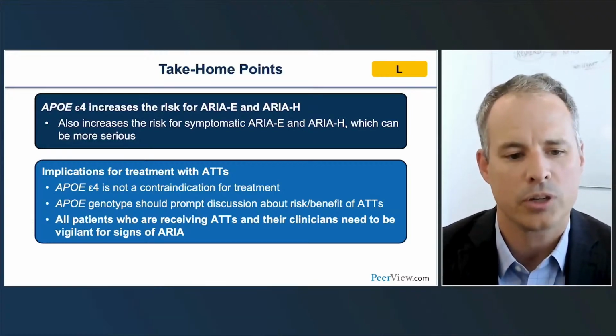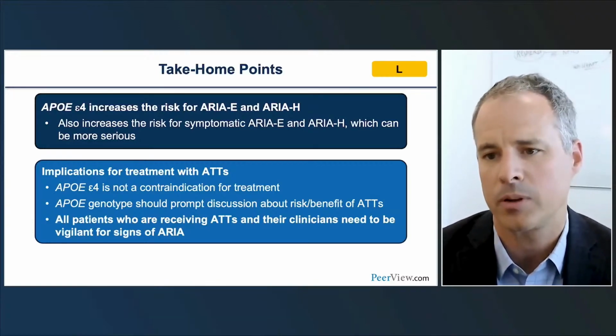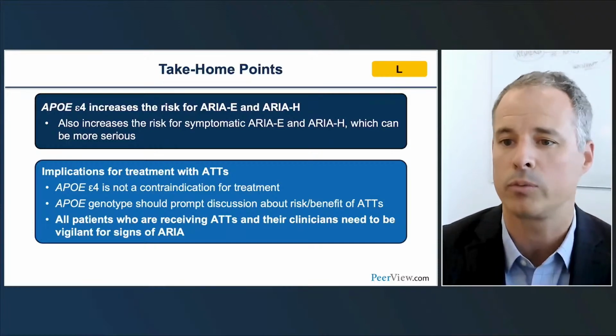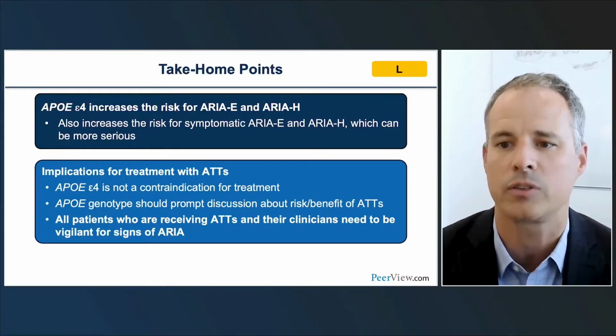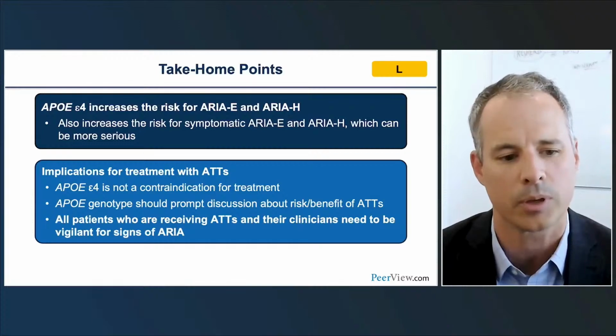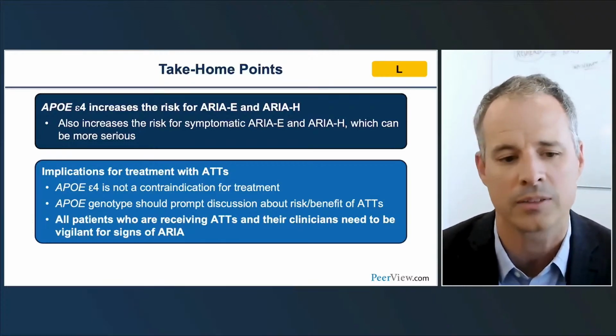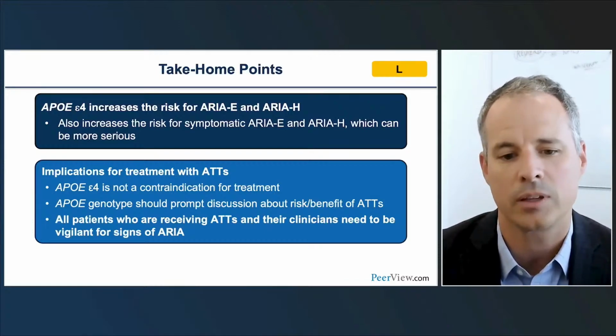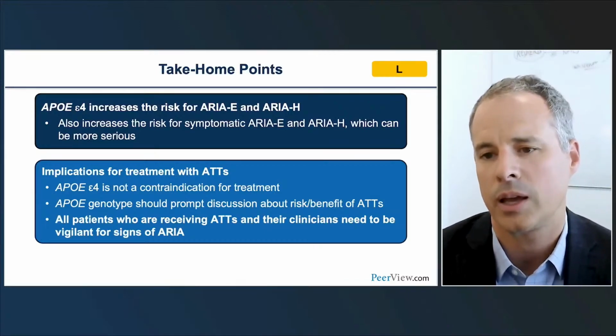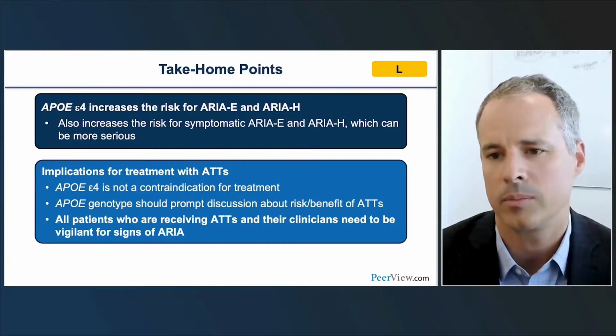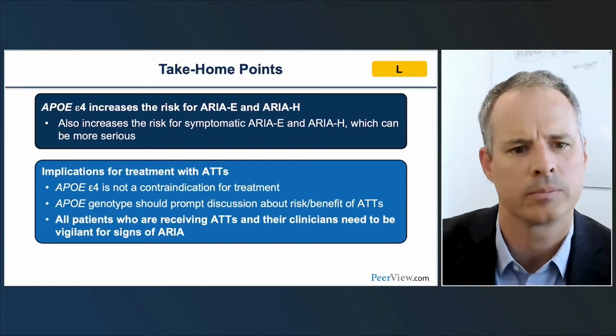The ApoE4 genotype should prompt discussion about risk benefits. And in fact, it's difficult to have a full risk benefit discussion and have real shared decision making without ApoE4 genotyping information. And patients, regardless of their ApoE status, if they are getting these drugs, they need to be vigilant for signs and symptoms that might indicate ARIA.